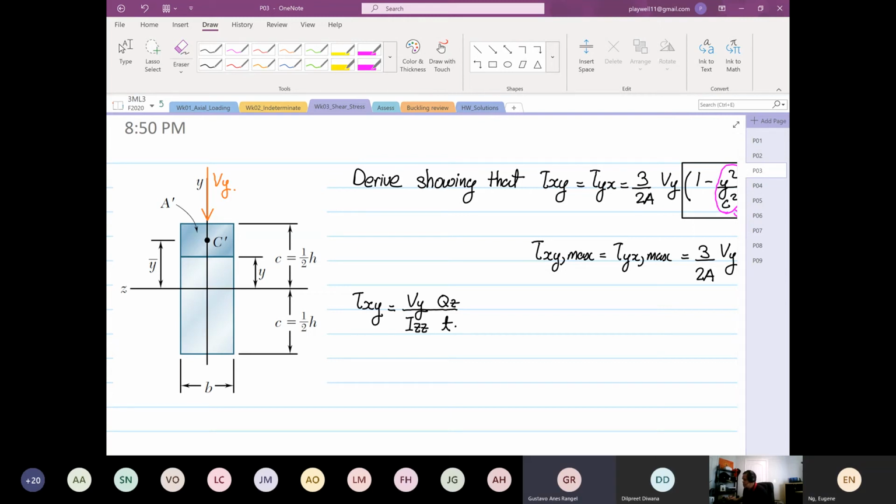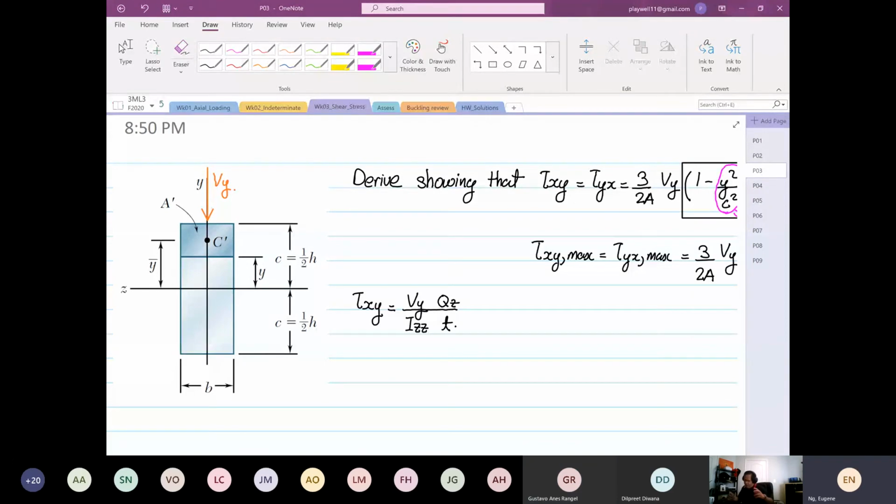Vy is not the same as P, right? Vy can be the same as P. Sometimes, not always. So when you do analysis like this, you have to find the location of your maximum shear force. So the shear xy is equal to Vy over Izz t times Qz.